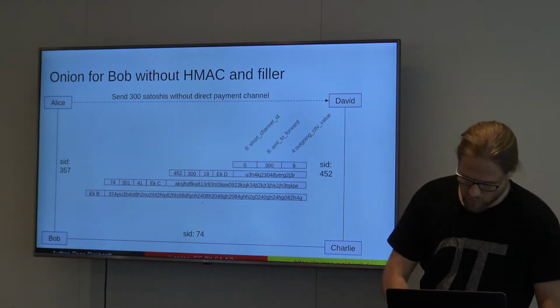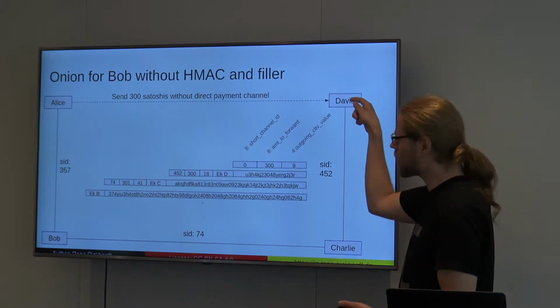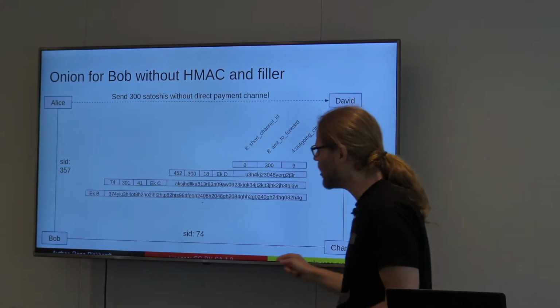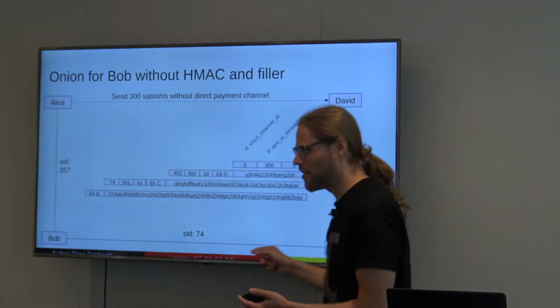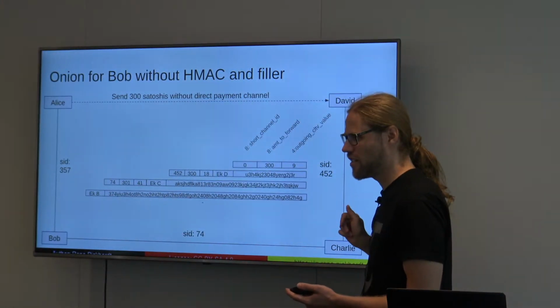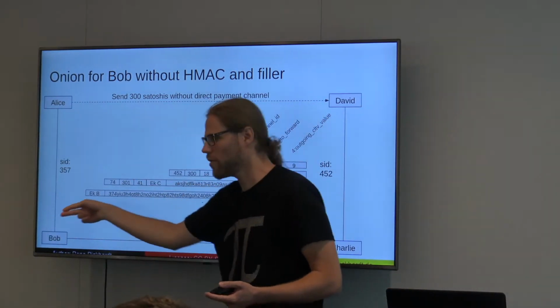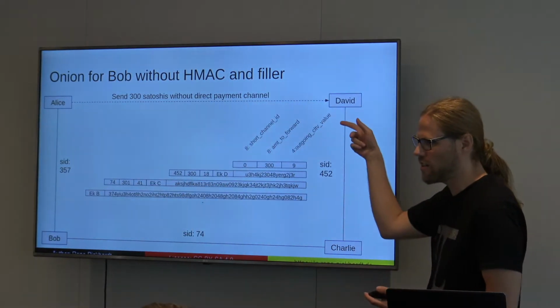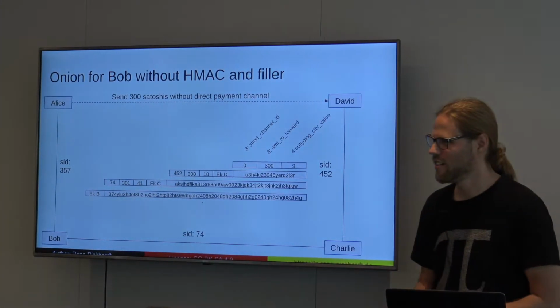Interesting to know is that the onion is constructed from Dave to Charlie to Bob to Alice, but the HTLCs are set up the other way around. The HTLCs are set up first from Alice to Bob, then from Bob to Charlie, and then from Charlie to David. And then the pre-image is released in the opposite direction.